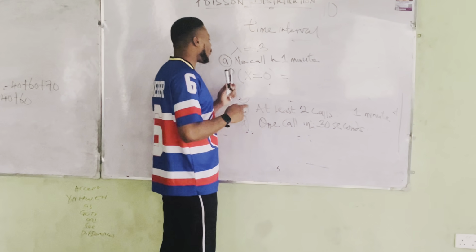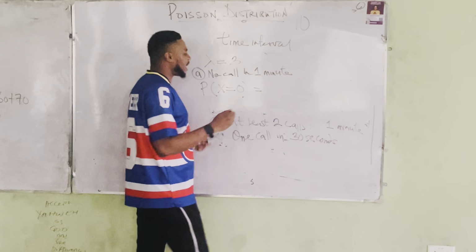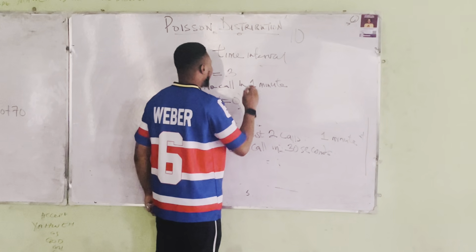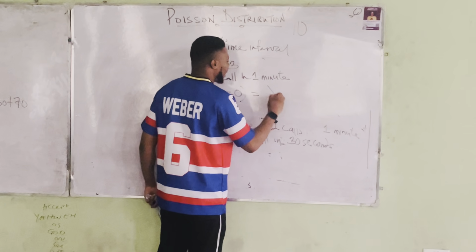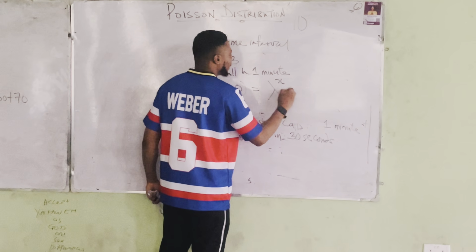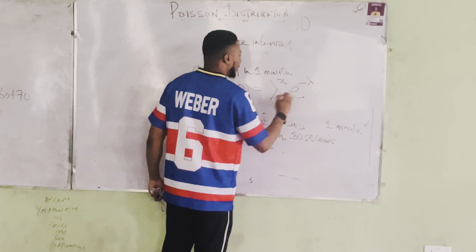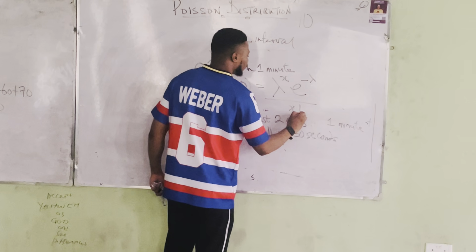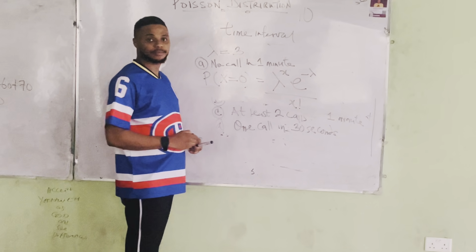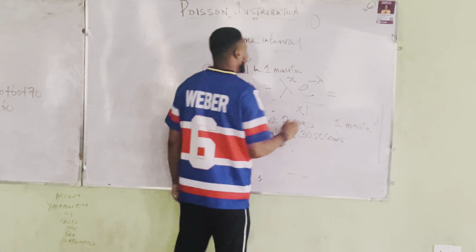So if you're looking for the probability of x equal to 0, lambda is 3, and the formula is lambda raised to the power x, times e raised to the power minus lambda, all over x factorial.